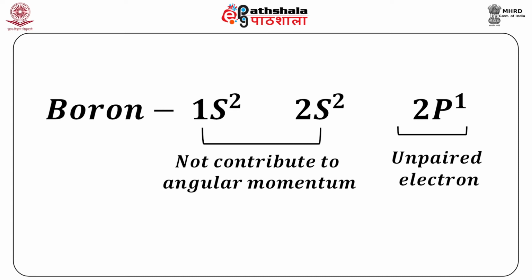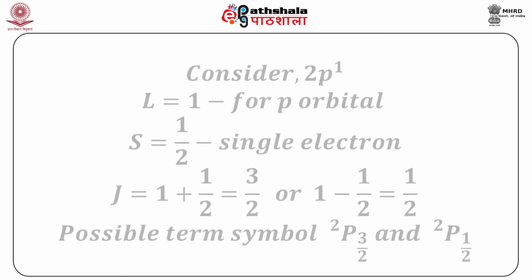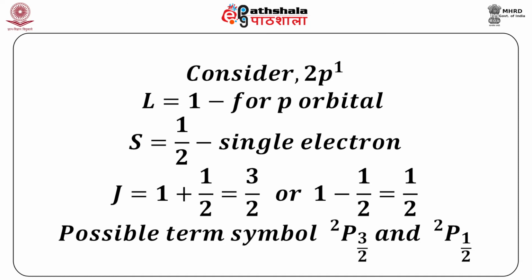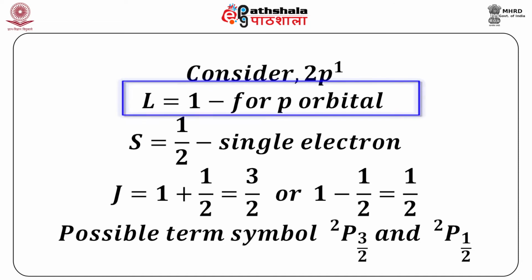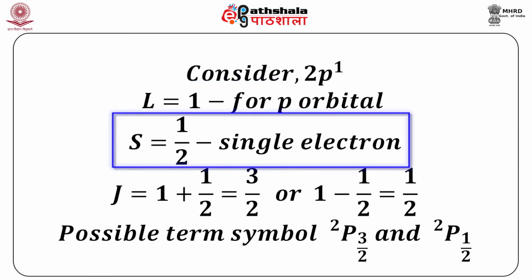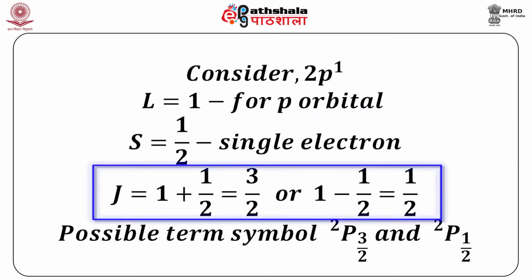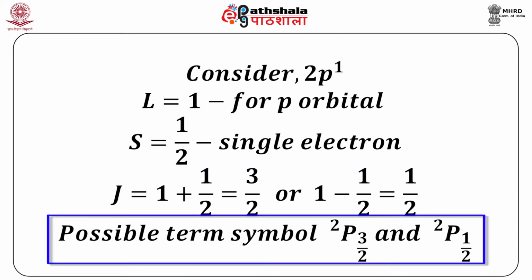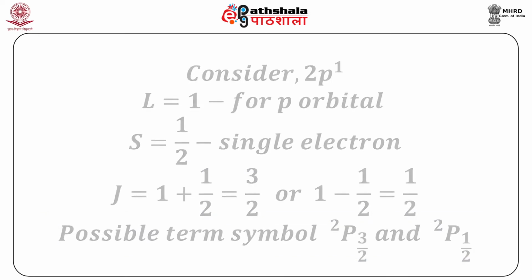To write down its term symbol, we will ignore all these, and consider the 1 electron in the 2p orbital, and L is equal to 1 because it is in a p orbital, and S is equal to 1/2 because there is a single electron here, and the J values that you can have are 1 plus 1/2 and 1 minus 1/2, which is 3/2 and 1/2. So, the possible term symbols are 2P3/2 and 2P1/2.